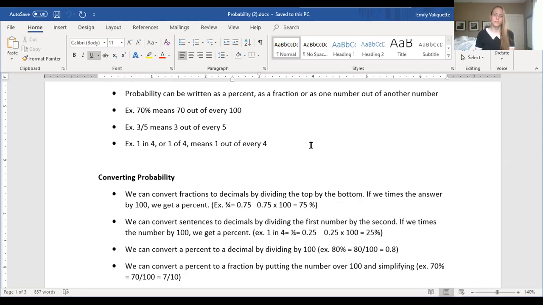So 3/4 gets converted into 0.75, and then you multiply that by 100 to turn it into a percentage, or 75%. If it's in words, like 1 in 4, that just means the first number divided by the second number, and again, times it by 100 if you want it as a percentage. If you're converting out of a percentage, you always just take the percentage and divide it by 100, and then you'll get a decimal.